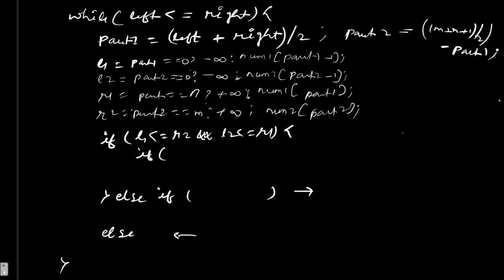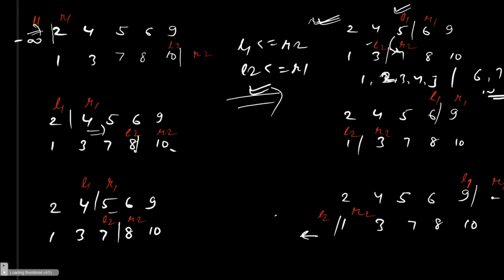There can be two cases: either the length of the array is even or it can be odd. In the even case we have to return some value. So we have found the valid condition, and let's see how we can find those two middle elements.